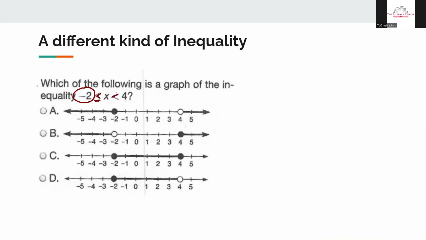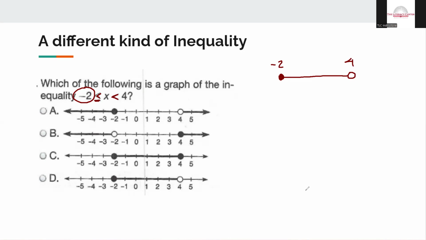Then we just have a less than symbol. So that's not going to be filled in. And it's going to end at the number 4. So we know that we're looking for something kind of like this. A filled in circle on the left, an open circle on the right. It's going to start at -2 and it's going to end at +4.